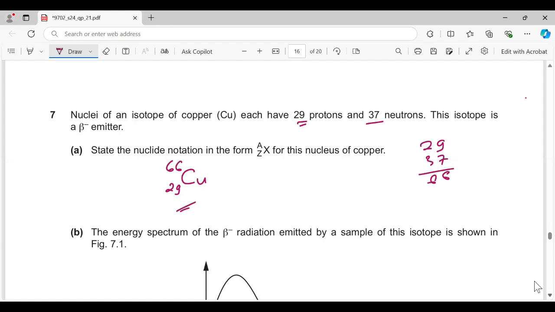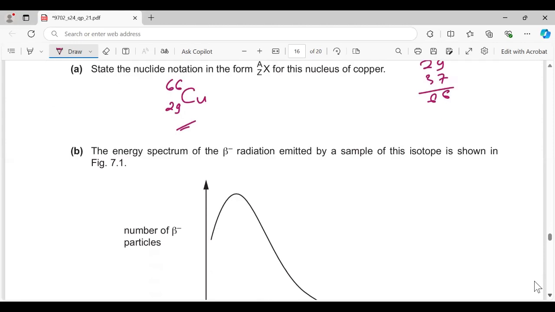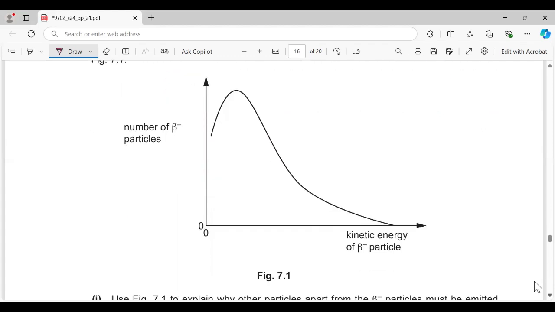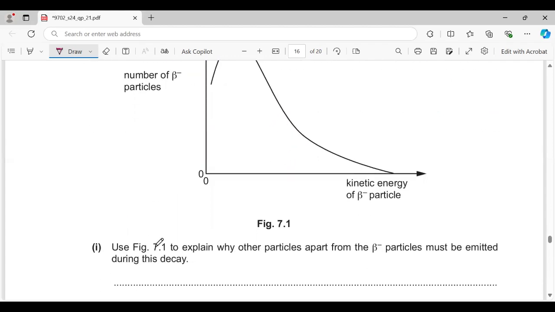The energy spectrum of the beta negative radiation emitted by a sample of this isotope is shown in figure 7.1. Use figure 7.1 to explain why other particles apart from the beta negative particles must be emitted during this decay.